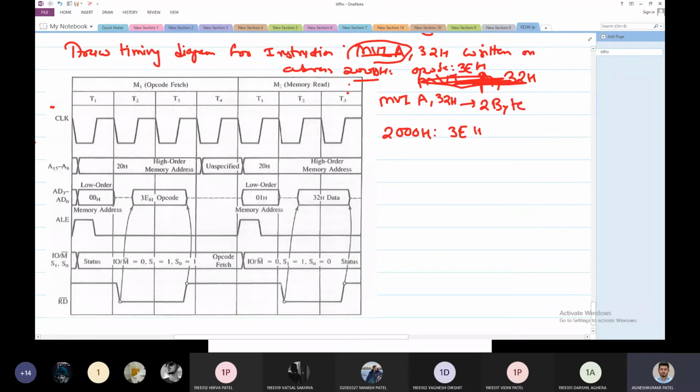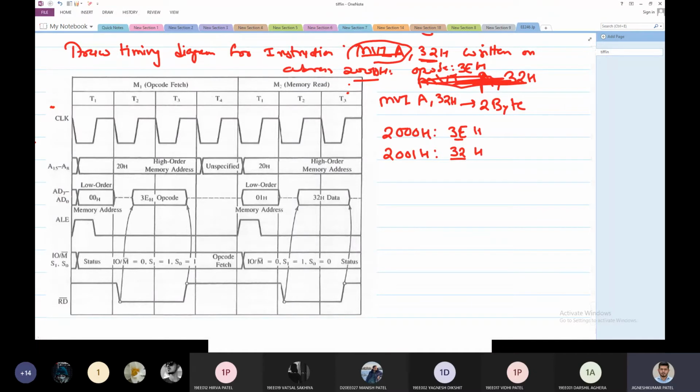That means it would have 2 bytes; this is only a single byte. So obviously the next byte would be stored in the next location. What is that data? It would be the immediate data itself. Here in MVI A, 32, the 32 is my data, and it would be stored in the next location. This is the basic information that you need before drawing this diagram.